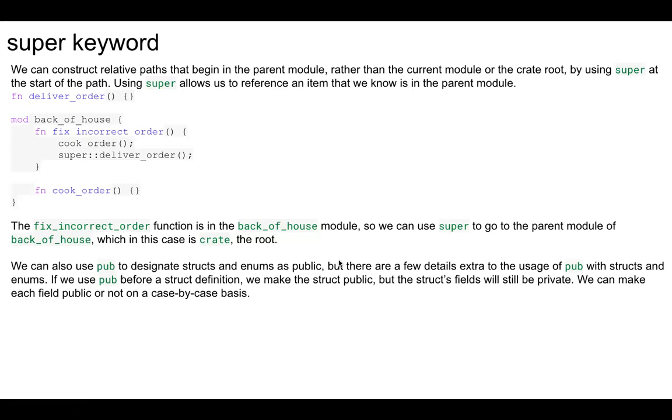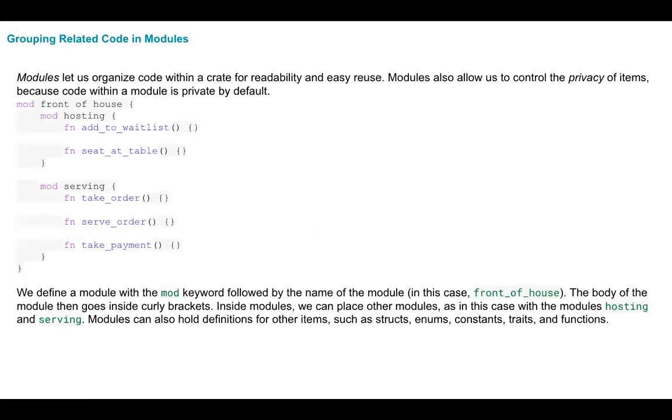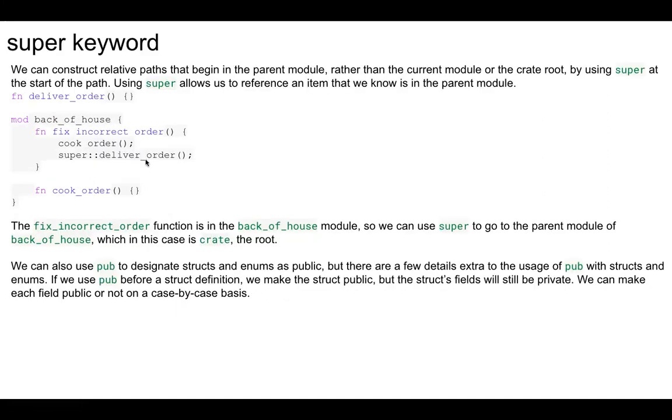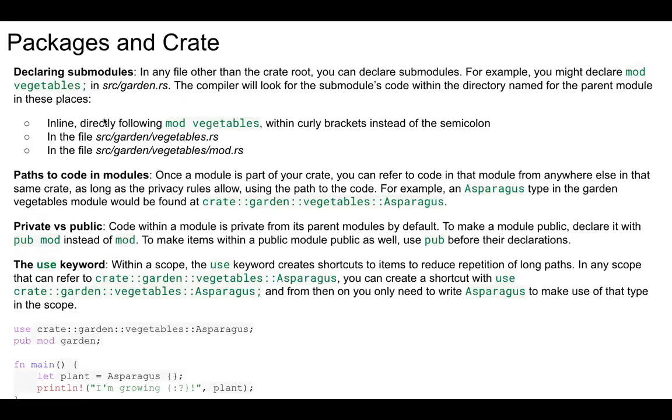So this was all for today. We learned about what crates, packages, and modules are, the pub keyword, the super keyword, the use keyword, how you define nested modules, how you access modules or call functions of a parent module, and how you use the absolute path.